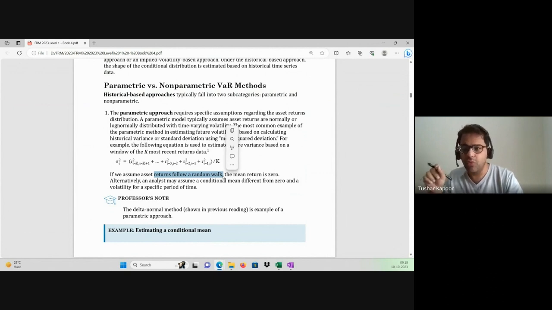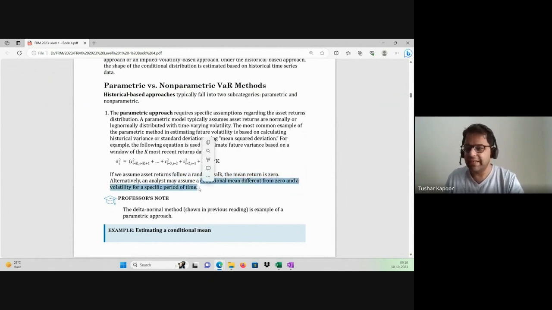So random walk is where the returns for today are basically equal to the returns for yesterday plus an ad hoc, unpredictable thing which happens. That is why we say if we assume assets follow a random walk, the mean return is assumed to be zero. Alternatively, an analyst may assume a conditional mean different from zero and a volatility for a specific period.